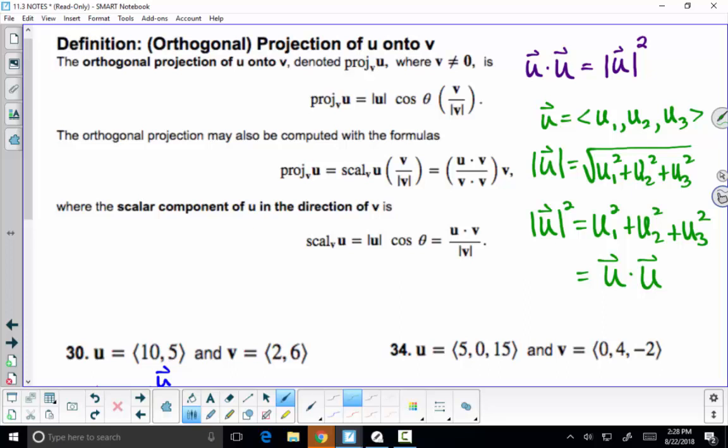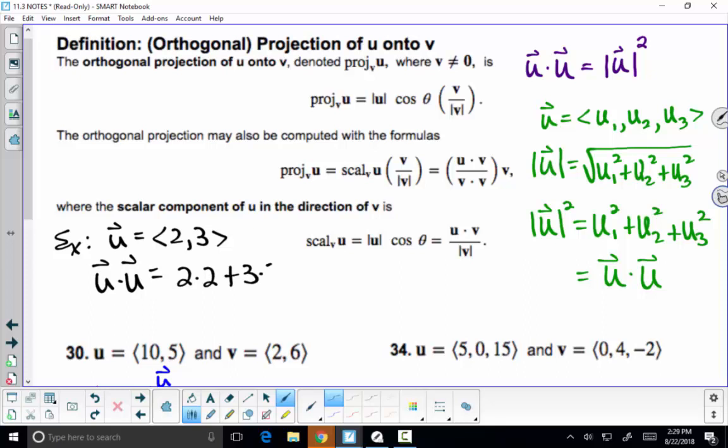So let's look at this example right here. If I have u equal to 2 comma 3, isn't u dot u equal to 2 times 2 plus 3 times 3? So it's equal to 2 squared plus 3 squared, or that's 13 in this case.